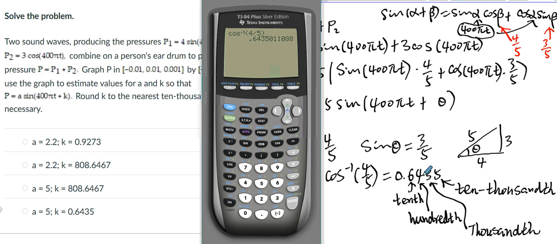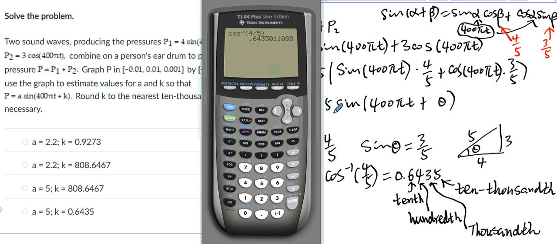That's in radians. Here is the tenth, here is the hundredth, here is the thousandth, and here is the 10,000th, so it's the fourth digit. So this would be our choice.